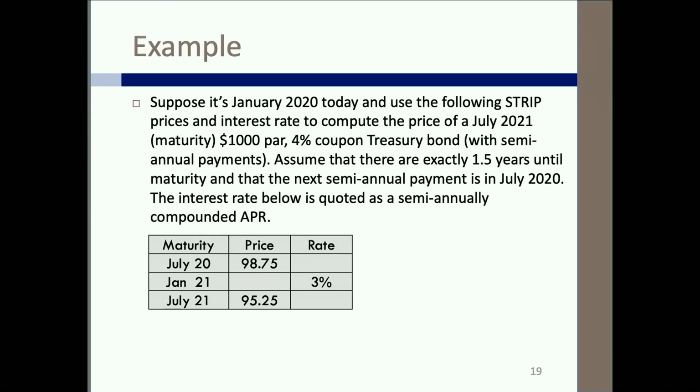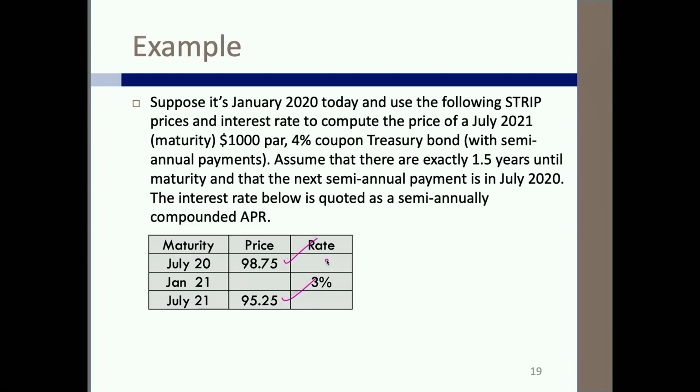Assume that there are exactly 1.5 years until maturity and that the next semi-annual payment is in July 2020. That's exactly 6 months from today, which is January 2020. The interest rate below is quoted as a semi-annually compounded APR. And what we're being shown below are treasury strip prices. Remind yourself what the strip price means.